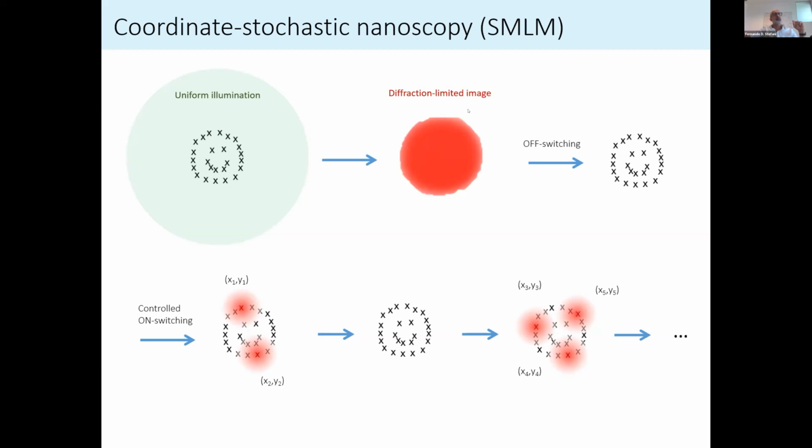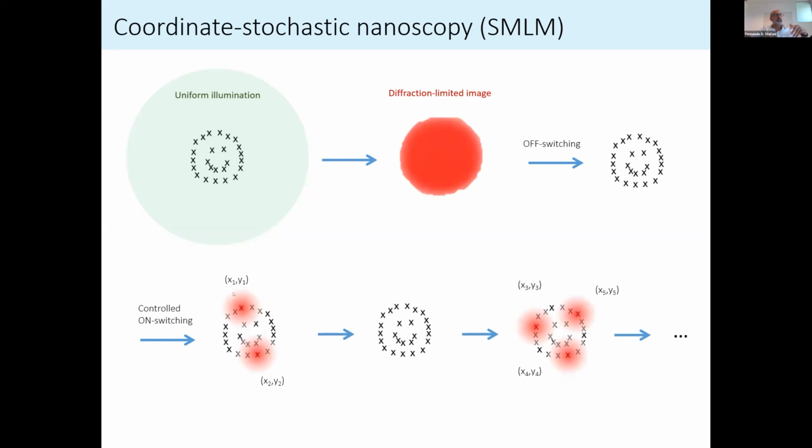But now imagine we can switch them all off. And then in a subsequent instant in time, just a few of them can be switched on. And these few fluorophores that are switched on are well separated in space.